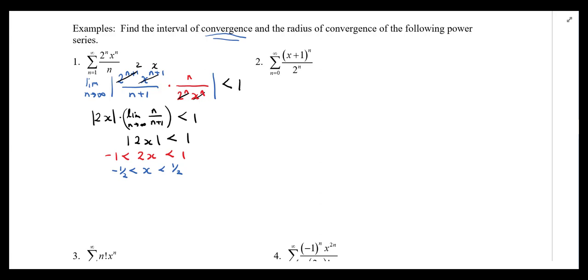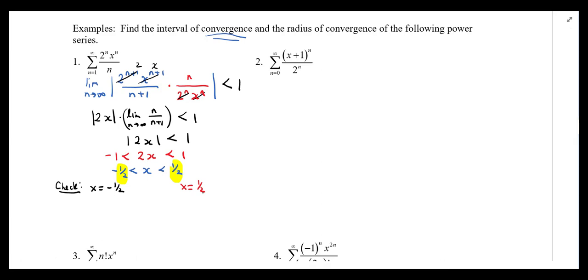Well, when the ratio equals 1, that's really just these endpoints. So what you need to continue to do here now is actually check the endpoints. Okay? I need you to check what happens when x equals negative 1/2. I also need you to check what happens when x equals positive 1/2, so that we can determine if the endpoints are also places where it converges.